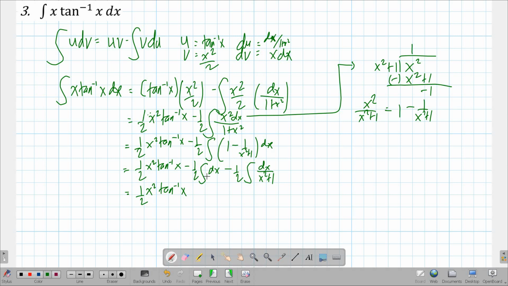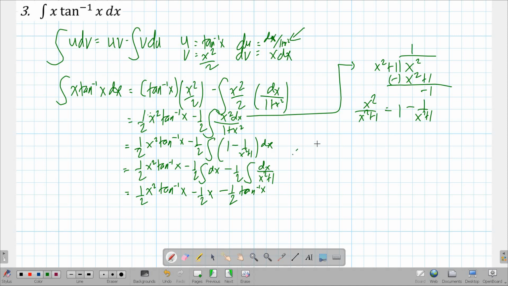The integral of dx is x, so this becomes minus 1 half x, and the integral of dx over x squared plus 1 is actually the inverse tangent of x here. So therefore, this becomes minus 1 half inverse tangent of x.